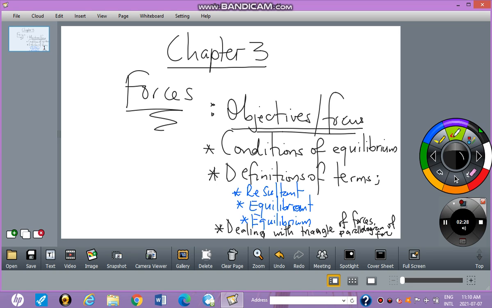Okay, so those are our objectives. So that means we are going to look at conditions of equilibrium, the definition of these terms, and we will look at parallelogram of forces and triangular forces.